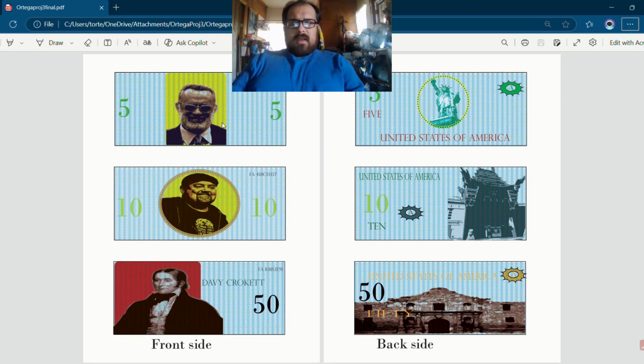For the $10 bill, however, I went with Gabriel Iglesias, the most famous stand-up comedian, who gives people a chance to laugh, makes them cry a bit too, and makes them feel happy. He does good stand-up comedy and did some good shows, like in movies. For the backside of the $10 bill, I went with the Chinese Theatre in Hollywood, California.